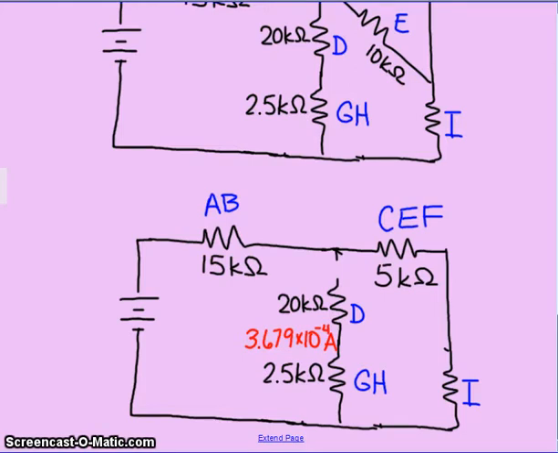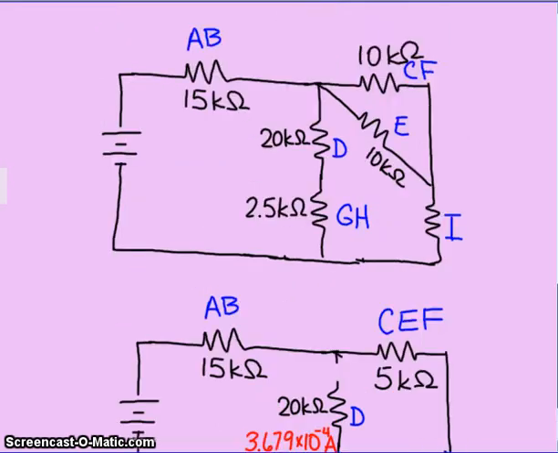I get that voltage is 0.9198 volts, or 0.920 if you want to round a little more. Now I know everything I could possibly know about every resistor in this picture, so I move up a picture.